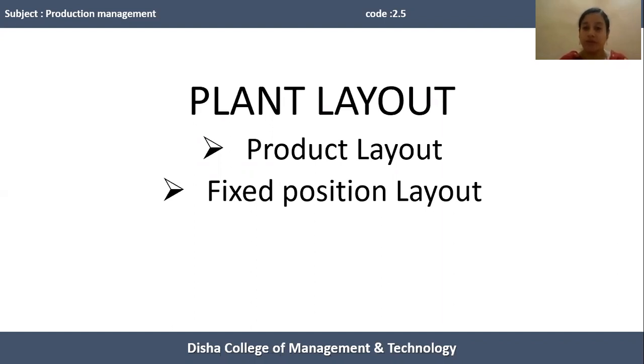So what is a process layout? Process layout involves grouping of the same machine or like machines in one department. Means in case of process layout, the production manager or the plant gathers similar types of machines in one department.